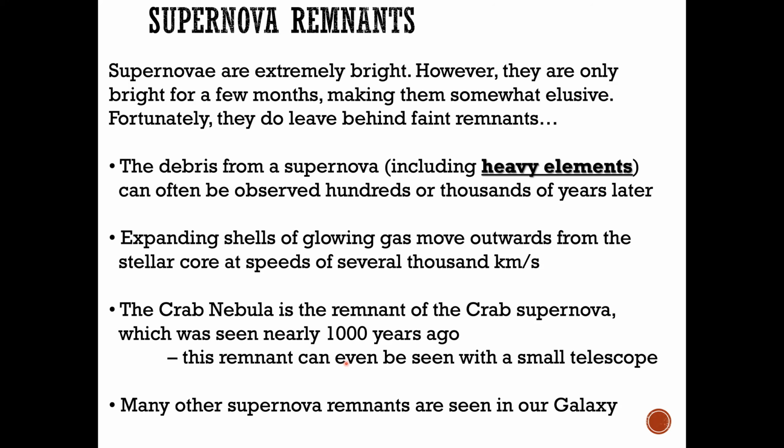For example, if you look at the Crab supernova, there is also something called the Crab nebula, right? That nebula is a supernova remnant from the Crab supernova, which happened thousands of years ago. You cannot observe the supernova now, but you can observe the Crab nebula, which came as a result of the supernova explosion.